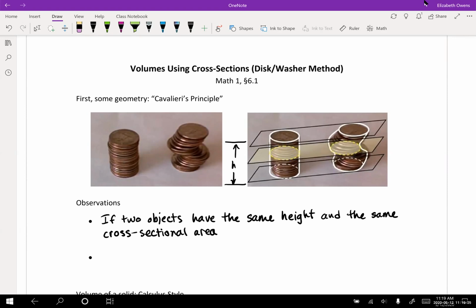Same cross-sectional area. It's a penny's area in both cases there. So if we have the same height and the same cross-sectional area, then the volume of both those objects is the same. Interesting, right? It's kind of a funky geometric principle there. The volume of both objects is the same.